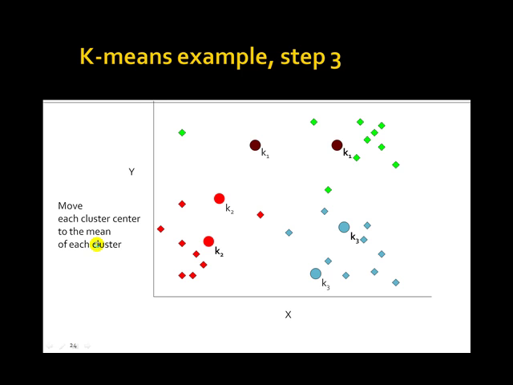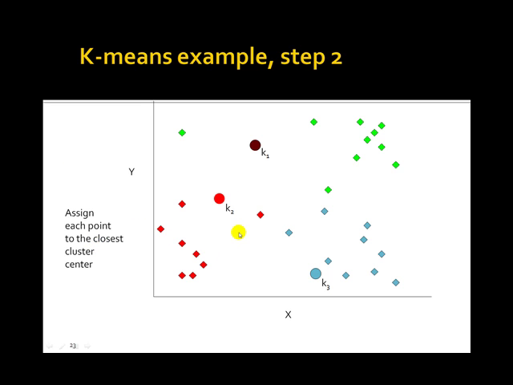All right, now what should we do? Well, now that we have a group of points, we can calculate the center of that group. So instead of saying this is the center, we can actually calculate the real center, right? So we calculate the center of all these points, and the center of all these points, and the center of all these points.